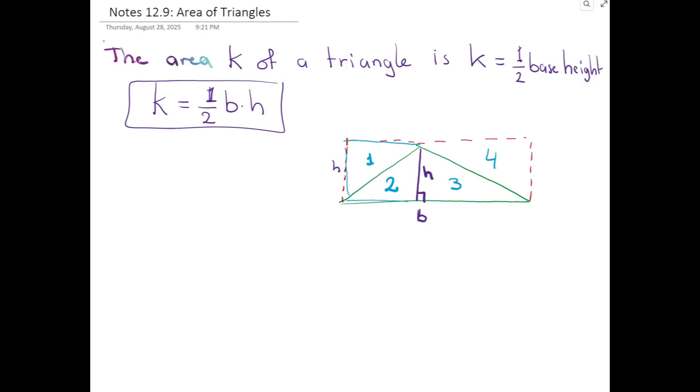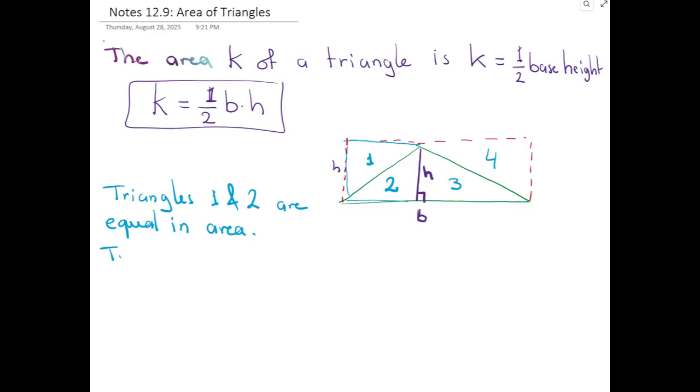And if this is the case, we're going to say triangles 1 and 2 are equal in area. And we can see that because they form a rectangle, right? So obviously those two areas are going to be the same because it's a diagonal that separates them.